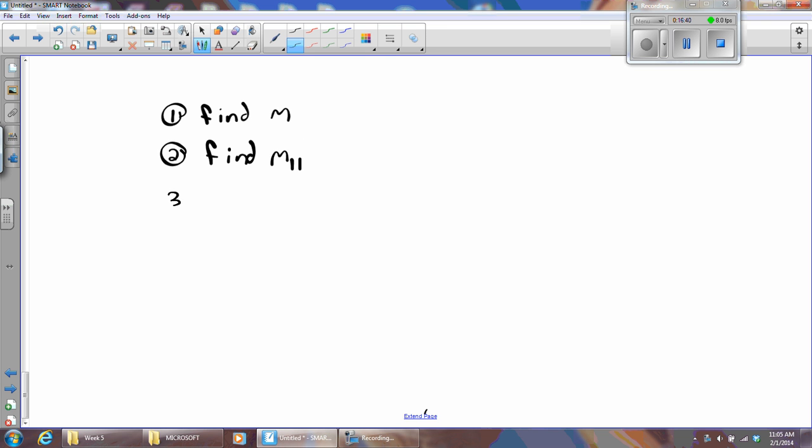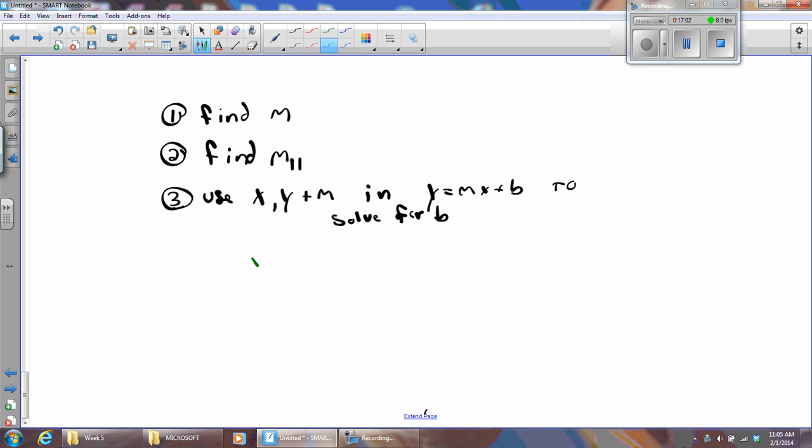And then we use x, y, and m in the slope-intercept form of a linear equation to solve for b. Okay? And then finally we write our equation. When we write our equation, we'll have a y and we'll have an x, and then m and b will actually be some numbers. We don't know what numbers they will be, but there will be some numbers. They don't have to be the same number.